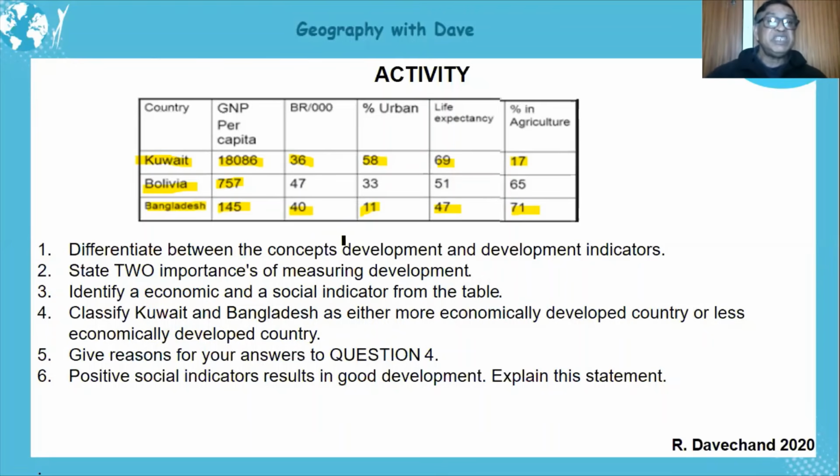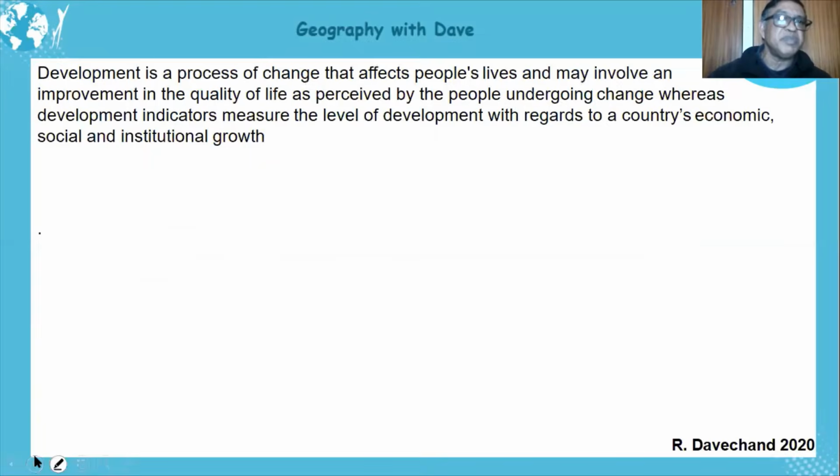First question says differentiate between the concepts development and development indicators. Let us just be careful if it says differentiate. I just took the one straight from the notes to illustrate something to you. Development is a process of change that affects people's lives, and it may involve the improvement of quality.